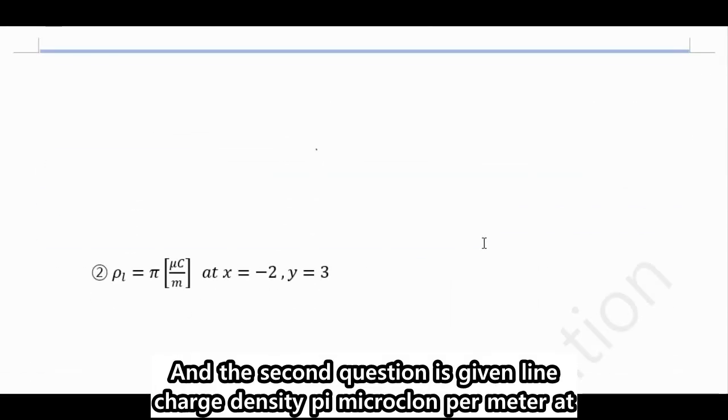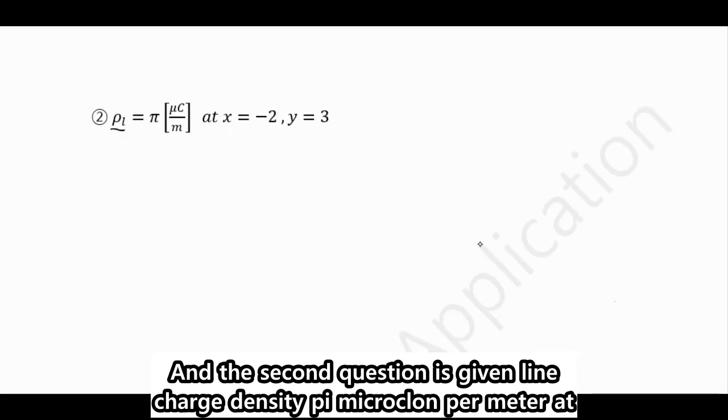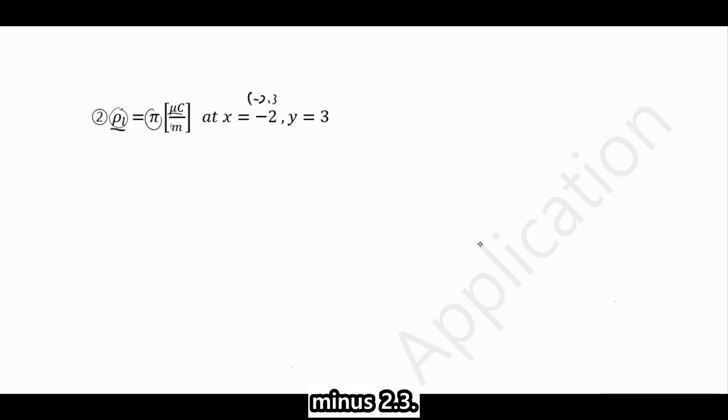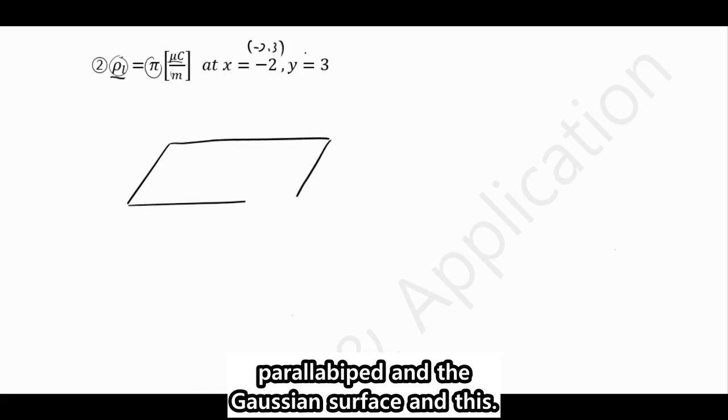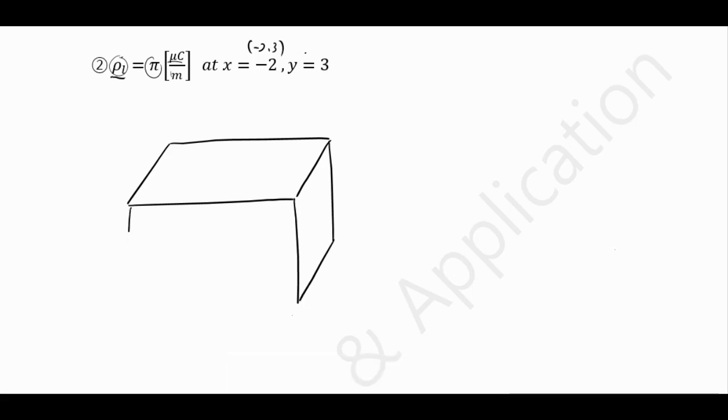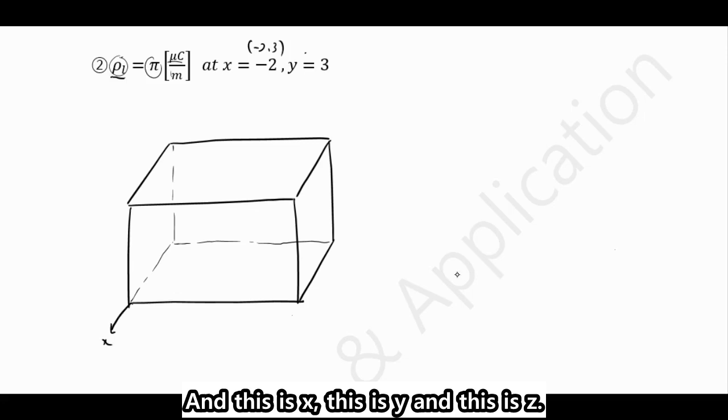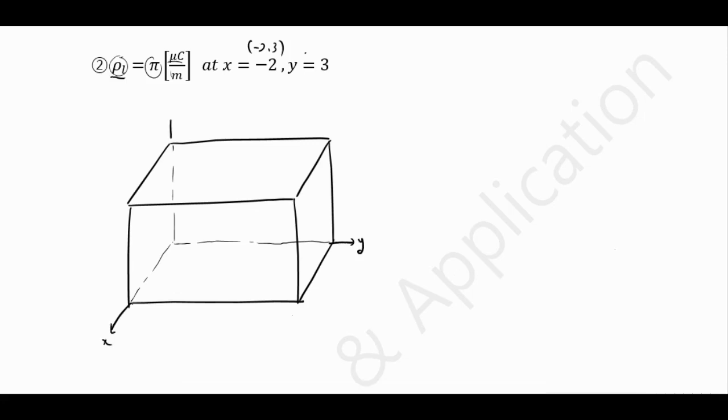And the second question is: given line charge density pi microcoulomb per meter at minus 2, 3. The Gaussian surface is the 6 surfaces of the rectangular parallelepiped. And this is x, this is y, and this is z. This is the origin.